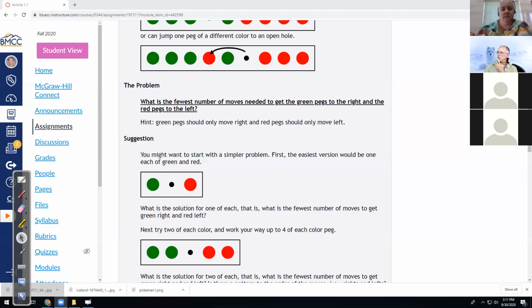The fourth group is Amanda, Jimmy, and Julian.